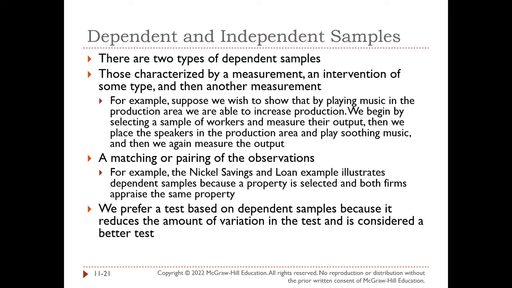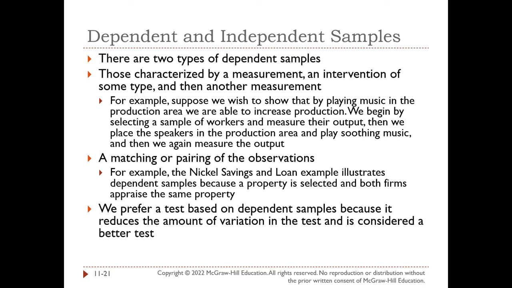Okay, so again, those are characterized by measurement, an intervention of some type, and then another measurement. For example, suppose we wish to know whether playing music in the production area increases production. We begin by selecting a sample of workers and measuring their output.